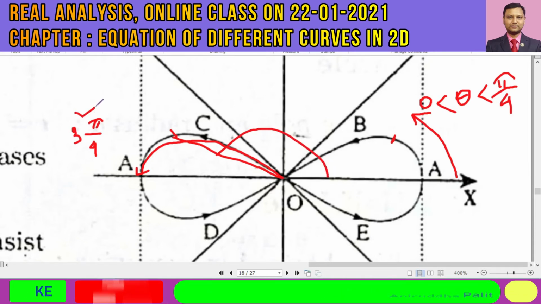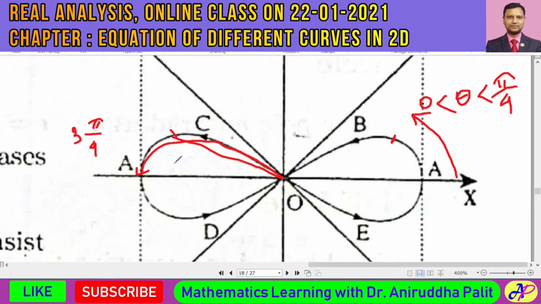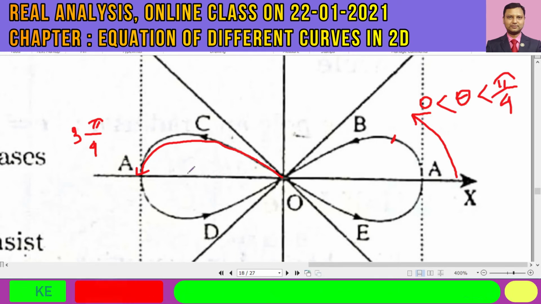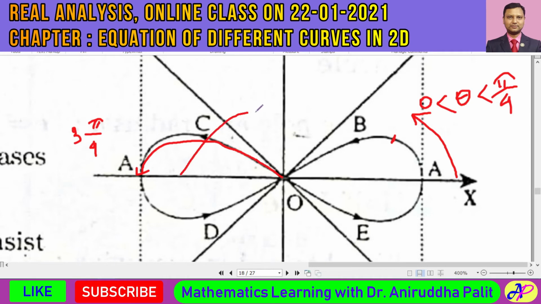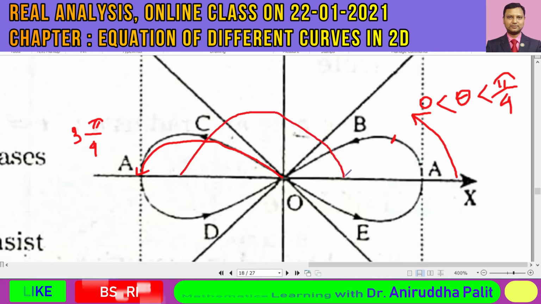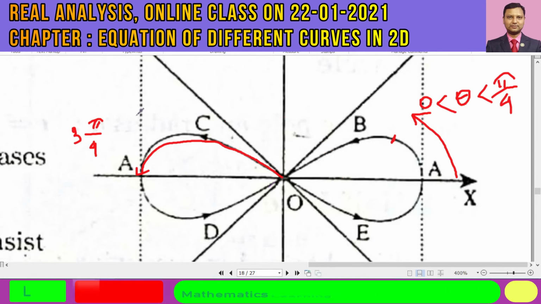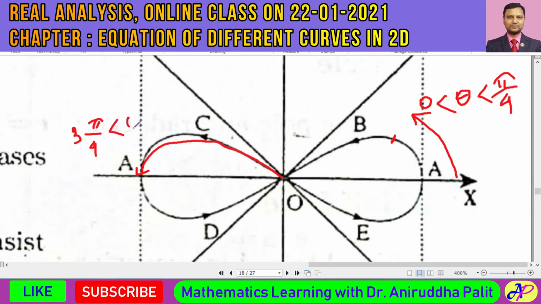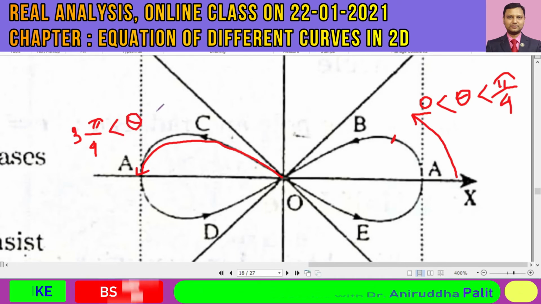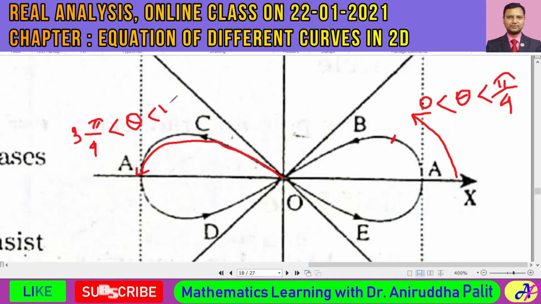That's why we have this limit from 3 pi by 4 to the maximum. It may come to this point capital A, and at the point capital A, this vectorial angle is equal to 180 degrees or pi. So the range of theta would be from 3 pi by 4 to pi radian.